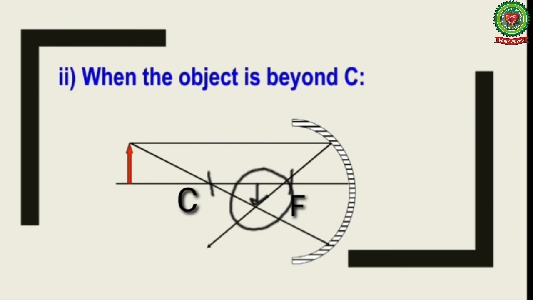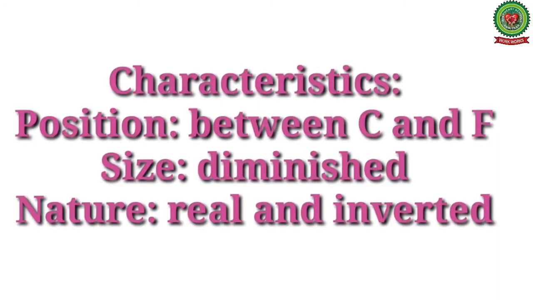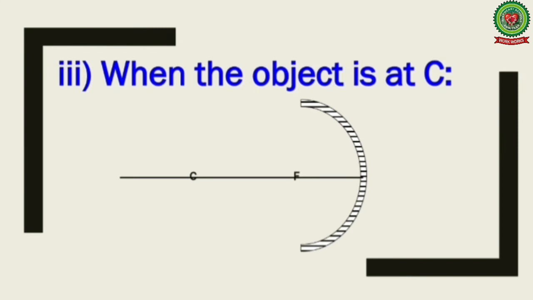Now let's discuss characteristics of the image. Here you can see that image is formed between center of curvature and the focus. This image is real because the rays are actually meeting after reflection, and inverted, and the size of the image is diminished.